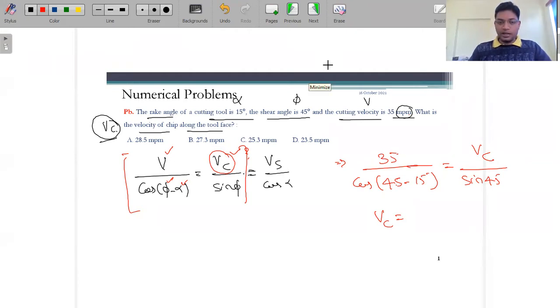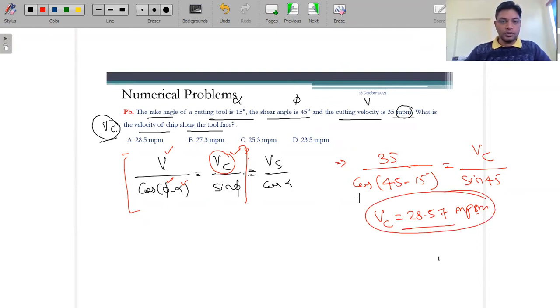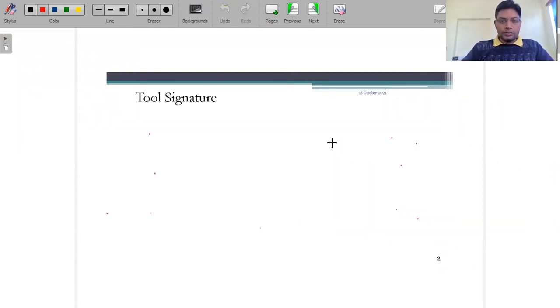This is option A. This is 28.57 mpm, that is meter per minute. Fine, so this is the simple problem. By the way, you can also calculate the value of Vs from here, and you can tell me later on.